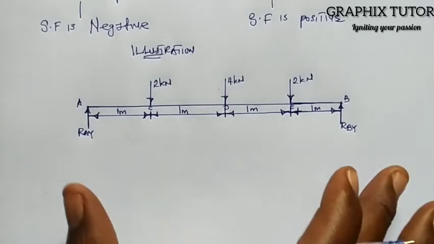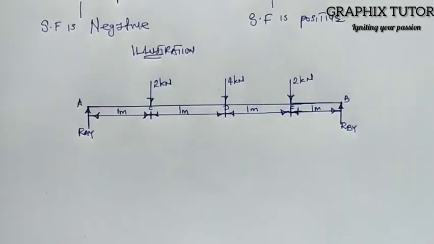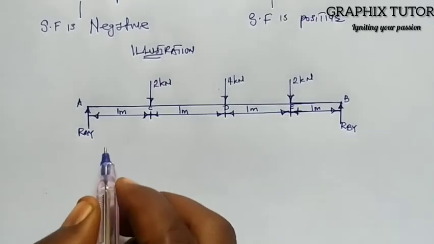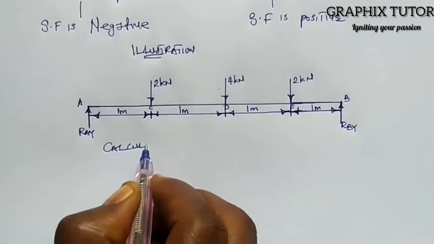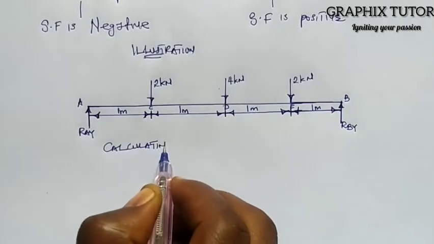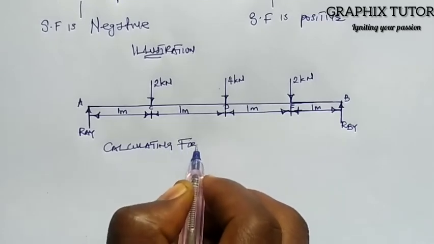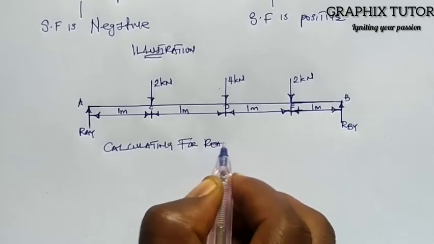When you're given a question on a beam, the first thing you need to calculate is the reaction to check if the beam is in equilibrium. So, calculating for the reaction.